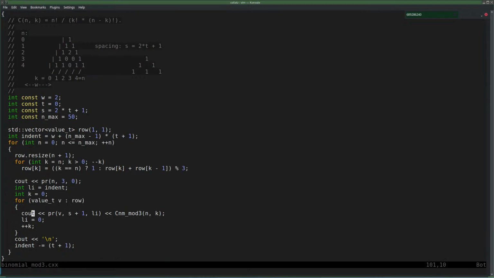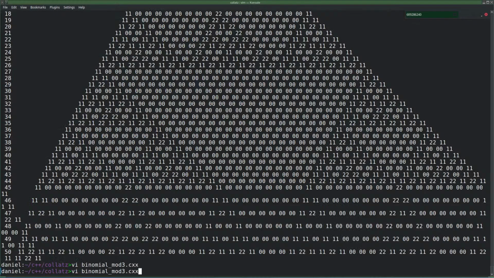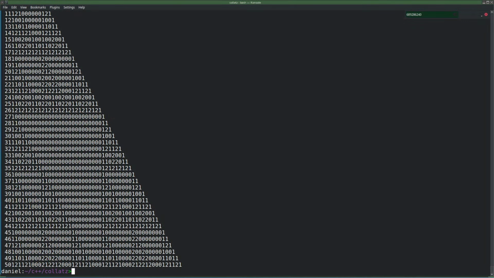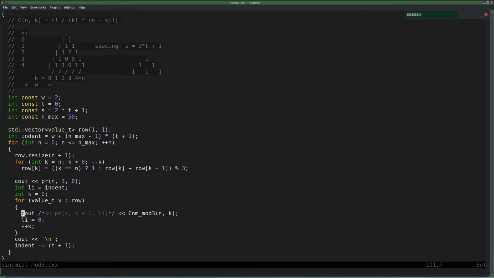Okay, let's not print a row. It's kind of silly. We're using it to loop over, but that was not even worse.